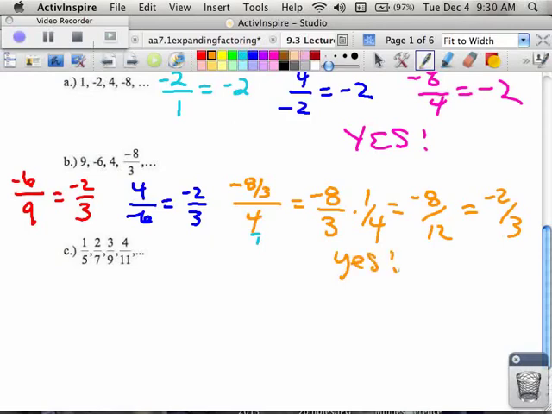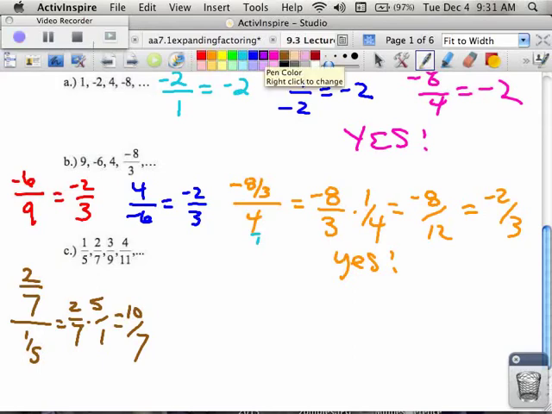And then the last one, as you look at it, you would take 2/7 divided by 1/5, which is the same thing as saying 2/7 times 5 over 1. And that gives you 10/7 as your first ratio. And then your second ratio would be 3/9 divided by 2/7.